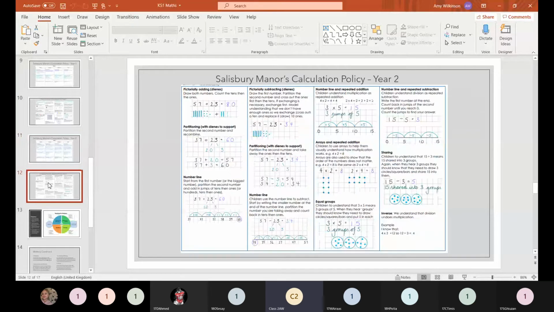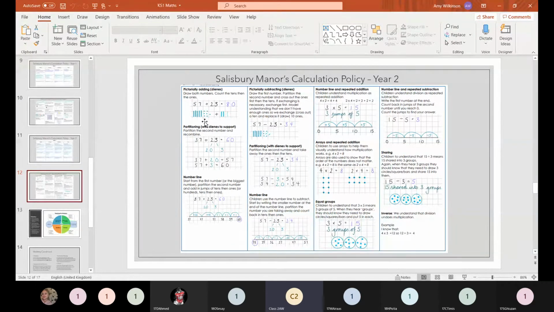And again, here are some examples of how the children learn these things in year 2. So for addition, they use pictorial methods a lot more. They still do use concrete resources, as that is a very, very valuable tool. But it kind of links the 2 things together. So when they're adding using Deans, they're drawing out the Deans physically. They could have them with them at the same time as well to support.